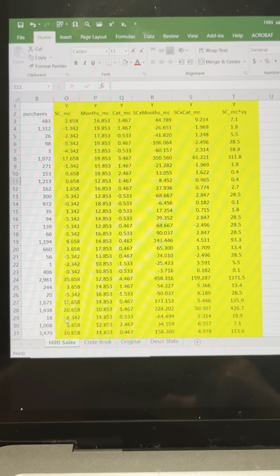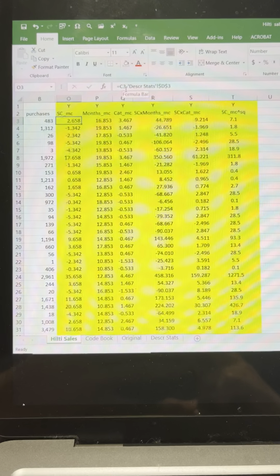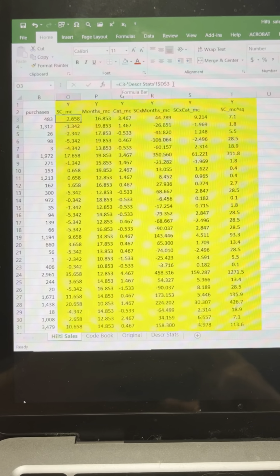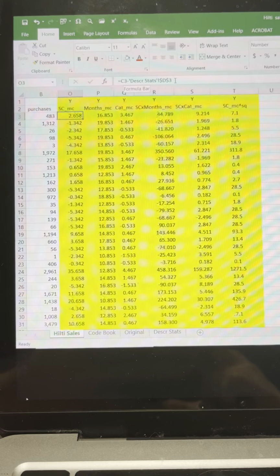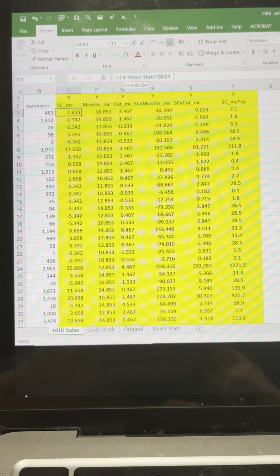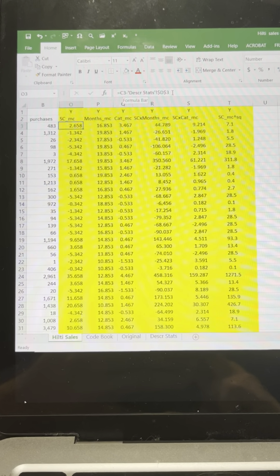So what I did over here is I took the number of actual sales calls, but I subtracted that number. So this first company, it made sales calls that were 2.65 above the mean.